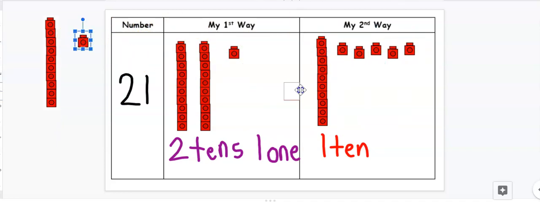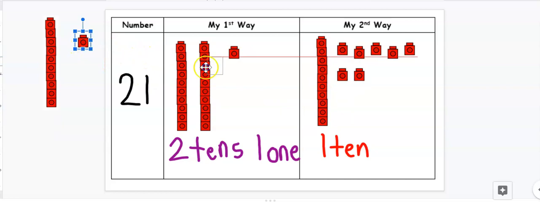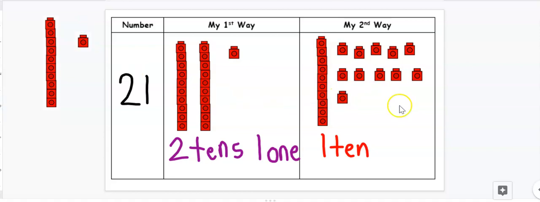15, 16, 17, 18, 19, 20, 21. Okay, so how many 1s do I have?